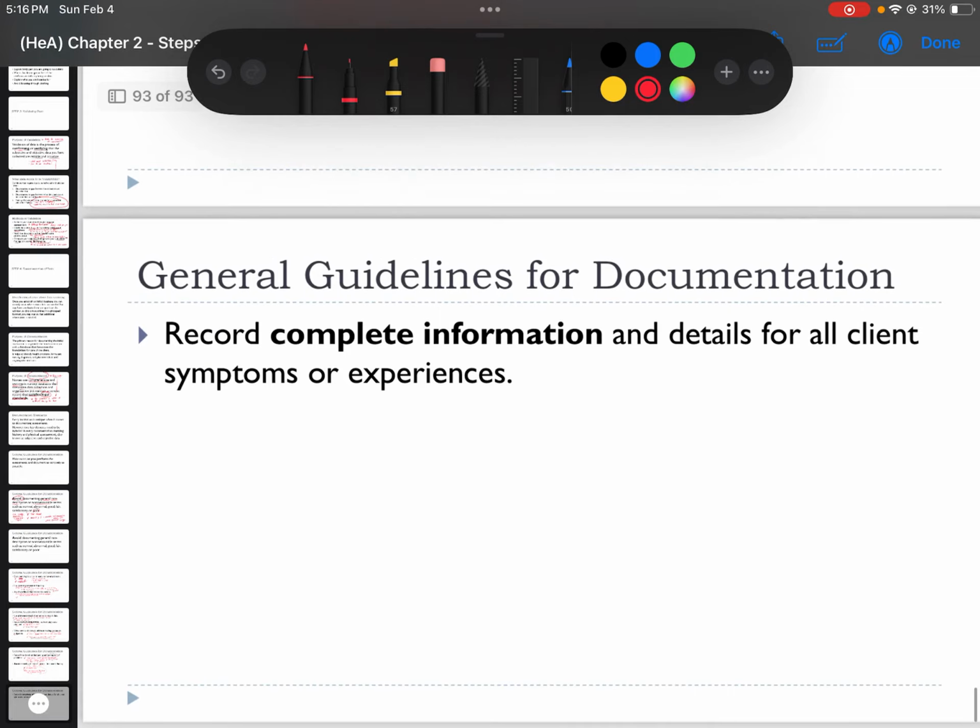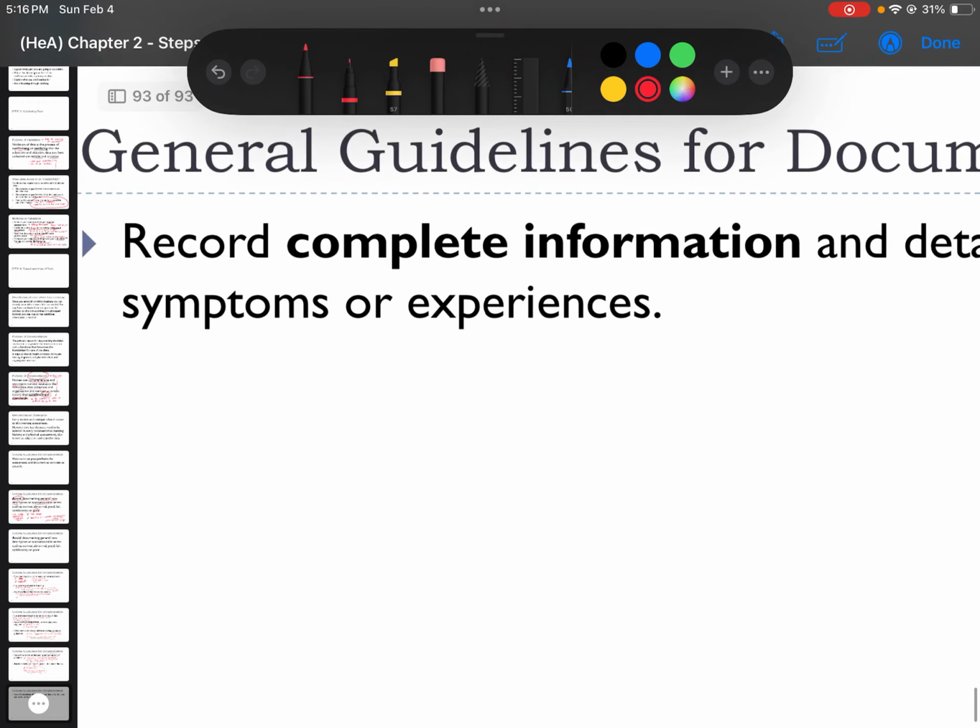Okay, so yan. And lastly, class, is record complete information and details for all clients' symptoms. Okay? For all clients' symptoms. An example of this, class, is very common, our pain. Okay? Do not chart or document that client has lower back pain.